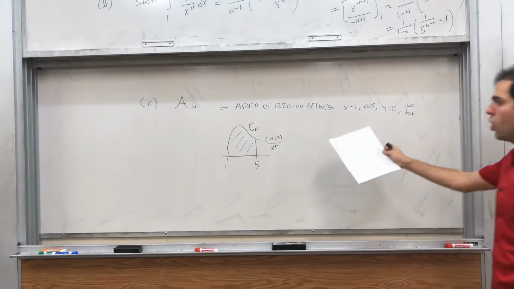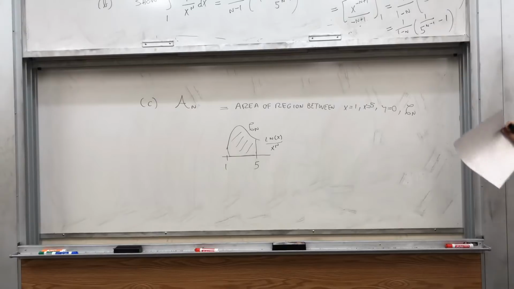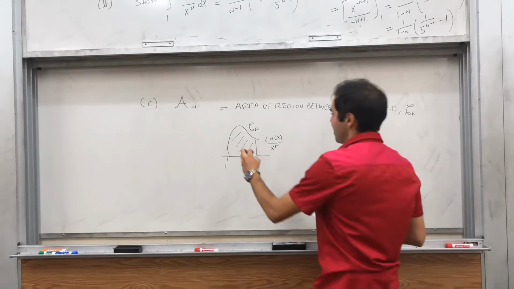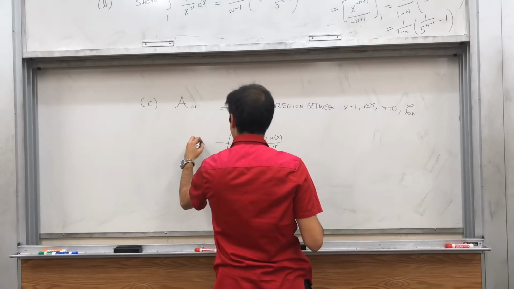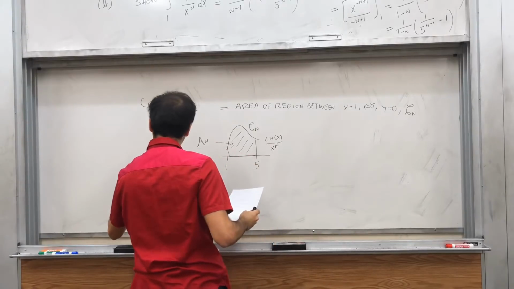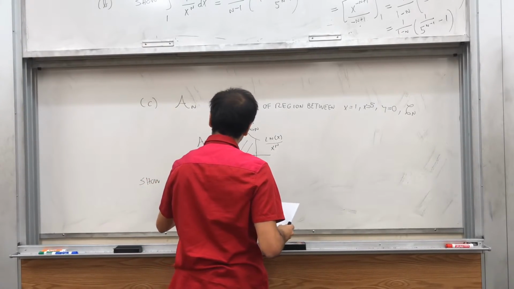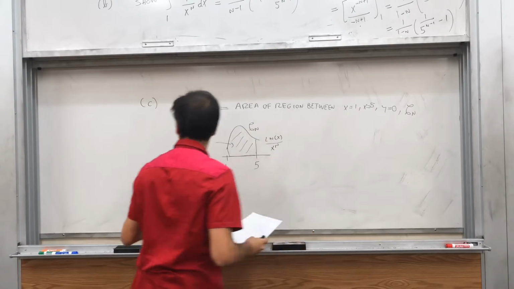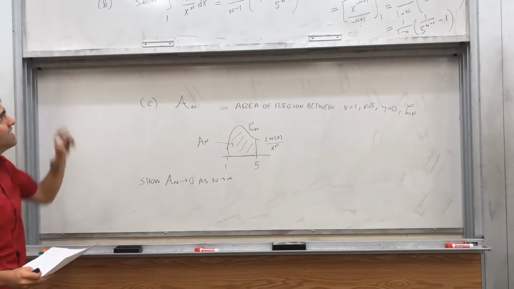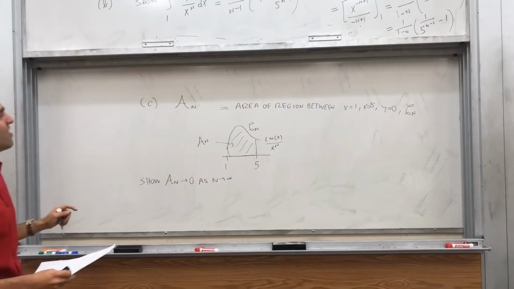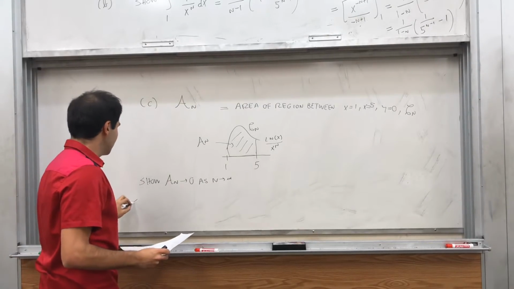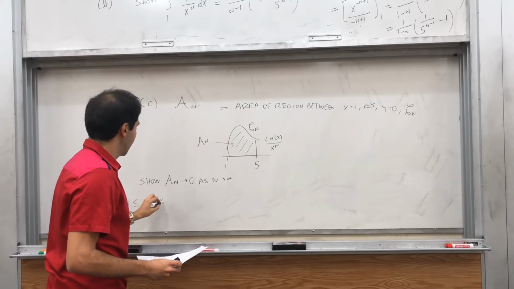And let's show, not as x goes to infinity, but as n goes to infinity, that an goes to 0 as n goes to infinity. And again, this is question C, so we probably have to use the other questions. Well, first of all, let's use this.